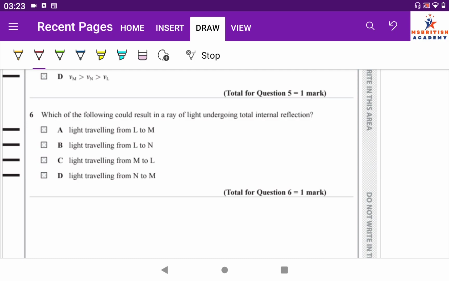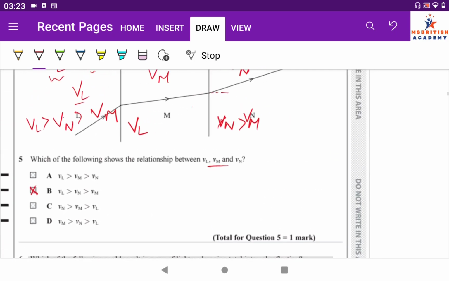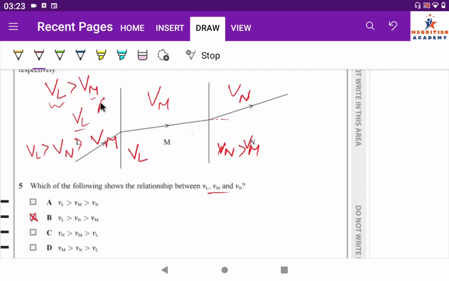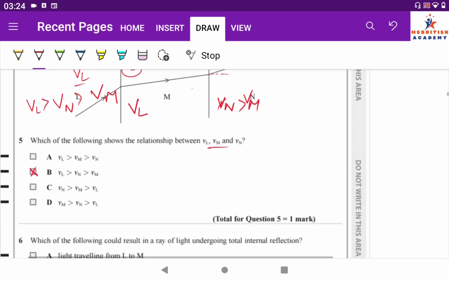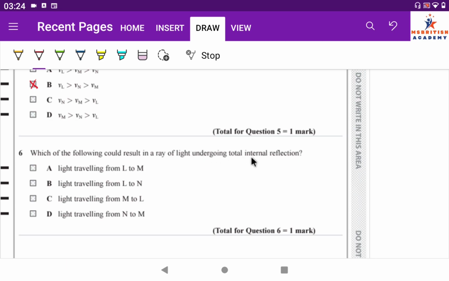So you can see here, this is rarer medium, this is denser medium, and again this is rarer medium. So when light travels from a denser medium to a rarer medium, it can undergo total internal reflection.